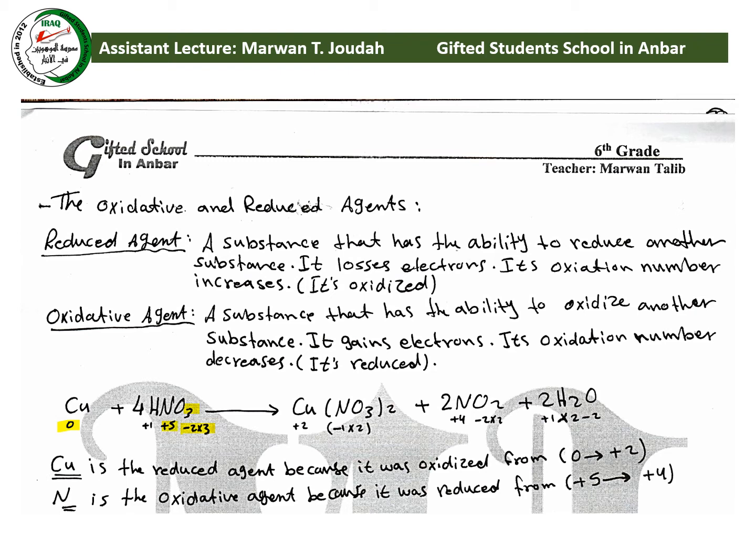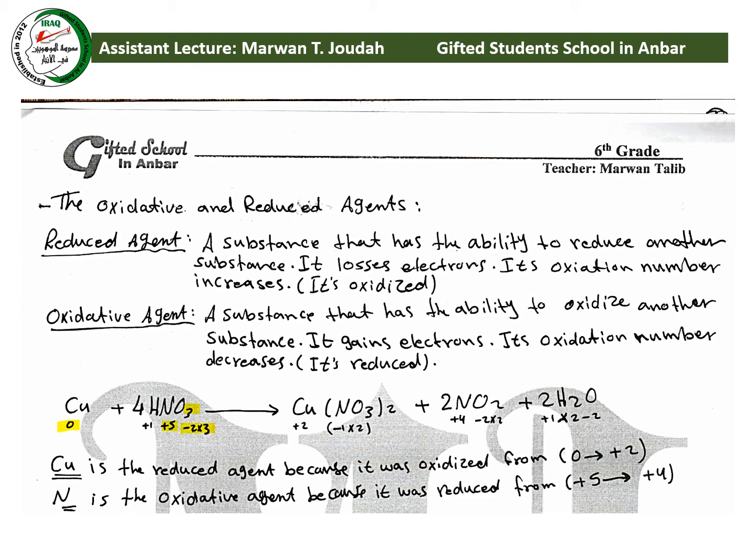Now, we need to know what happens to the copper. For the copper, it's called the reducing agent because it was oxidized. When we say this molecule, particle, formula or element is oxidized, it means that the oxidation number increased, okay.